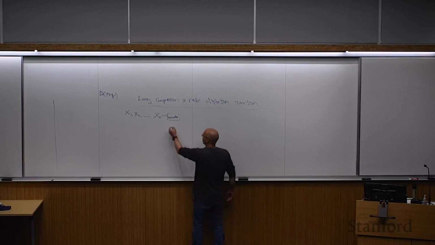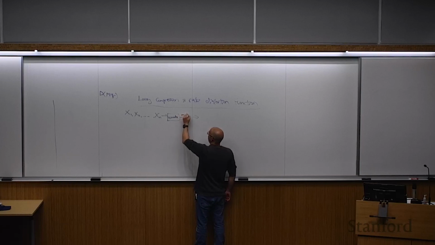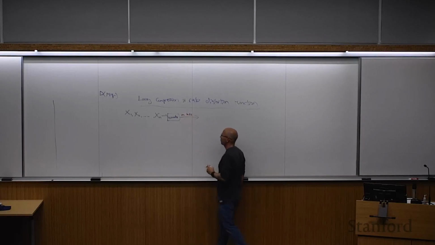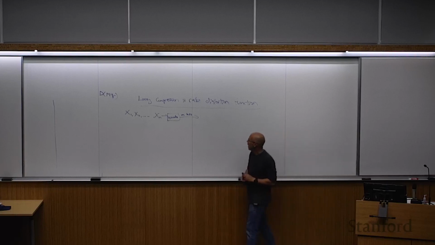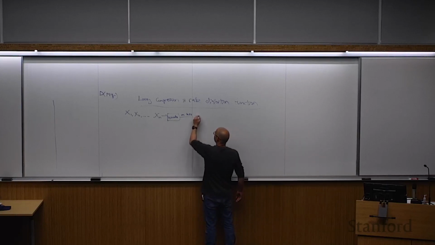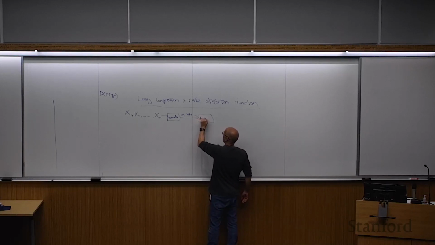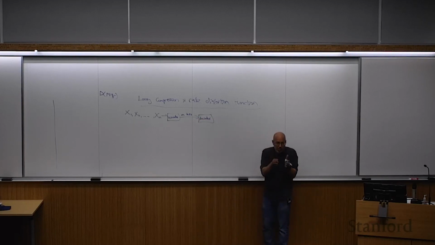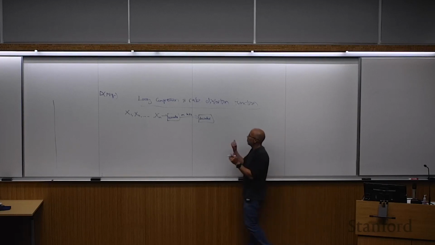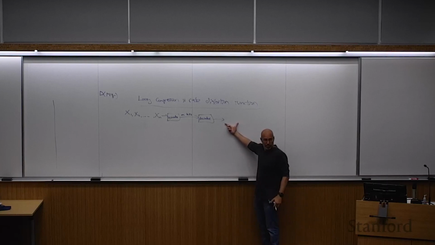It's going to output some bit representation of, let's say, m bits. And then a decoder is going to read this succinct representation of m bits, and from that come up with its reconstruction.